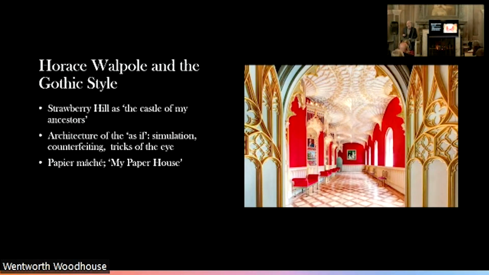So what I'm suggesting is that there's very little about Strawberry Hill that aspired towards precision, or what architectural historians will refer to as archaeological accuracy, where architecture is concerned.